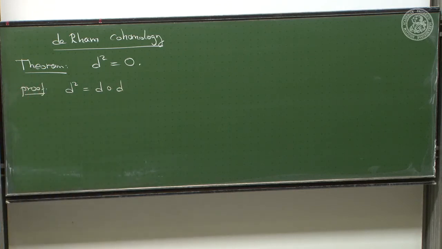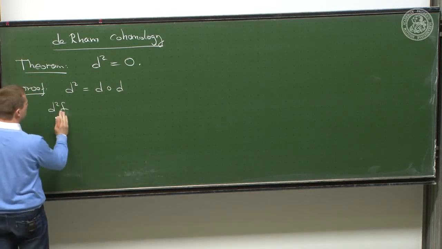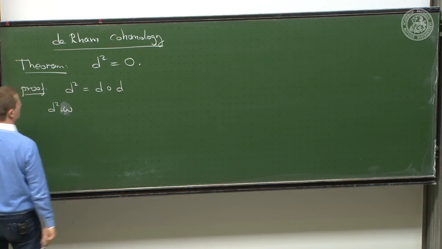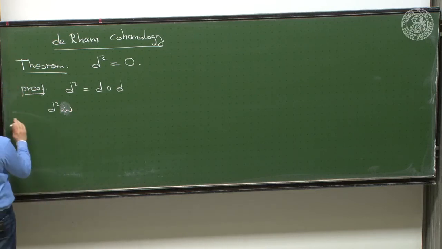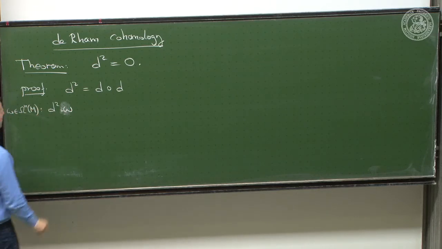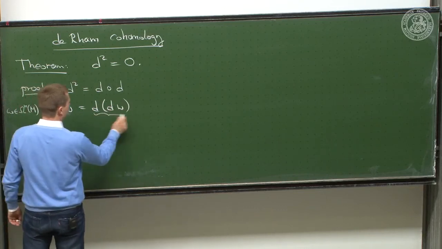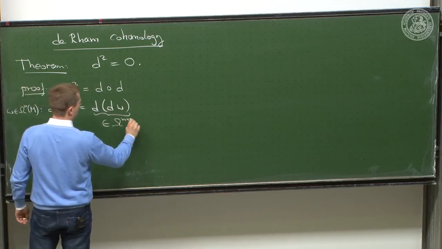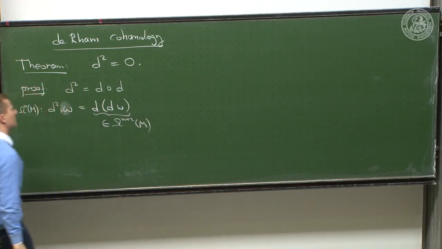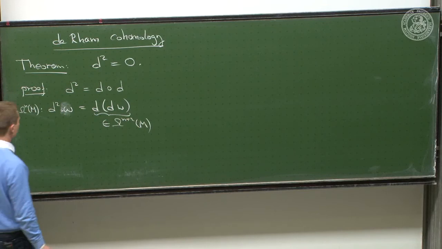So it's d circ d. And so it can act on some function, or it can act on some n form. So let's say omega is some n form for definiteness. So this is the d of the form. So clearly the result is an n plus 2 form. But in fact, the claim is that it's already 0.